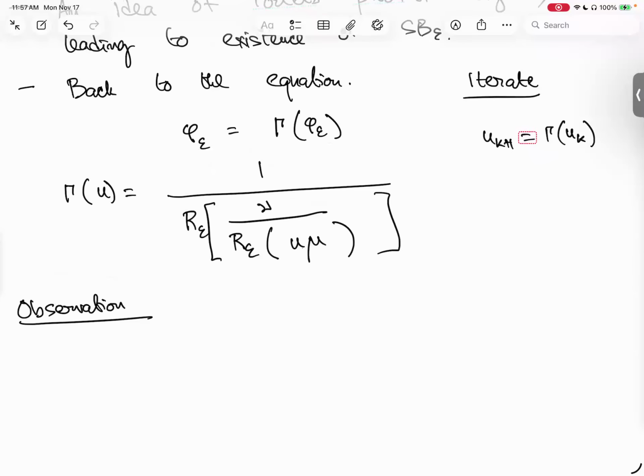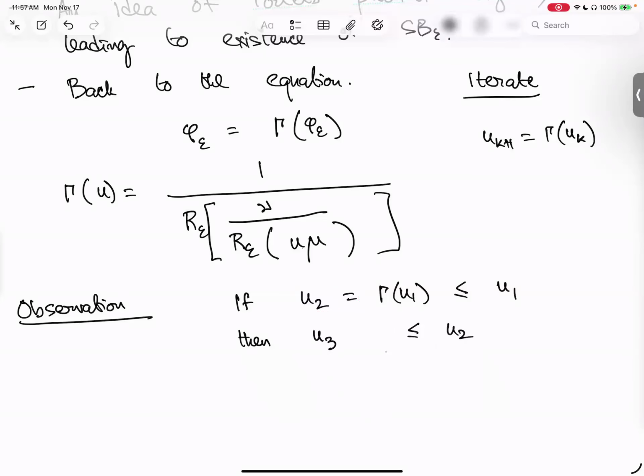My first observation is that if u2, which is Gamma of u1, is a function that is pointwise smaller than u1, then u3 is less than or equal to u2. And in fact, u_{k+1} must be less than or equal to u_k, i.e., the sequence is decreasing.